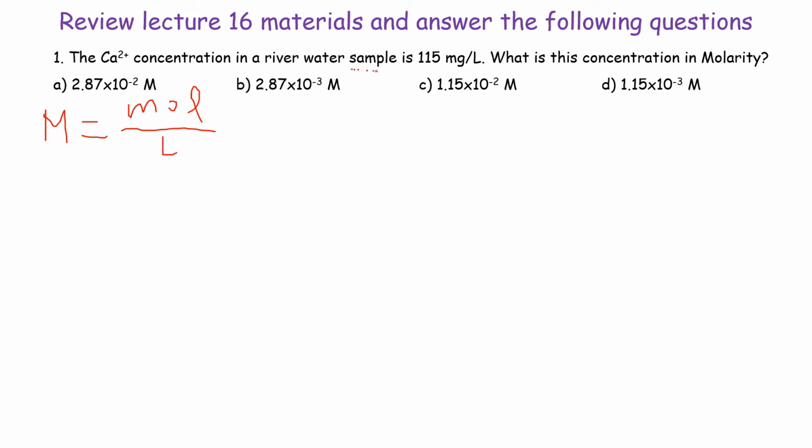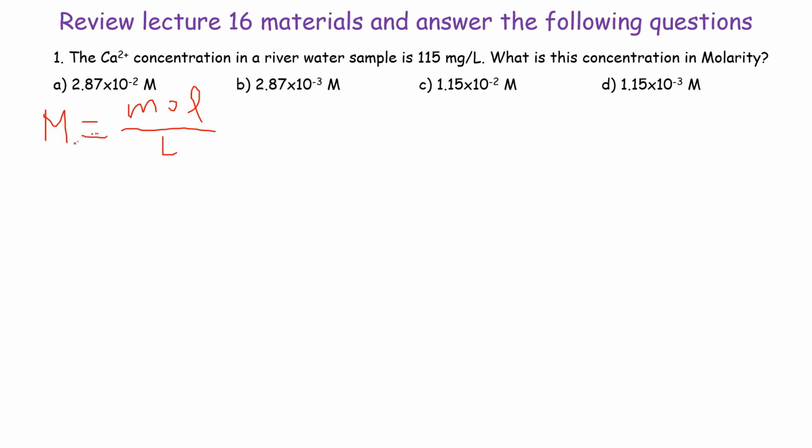So now what do we know? We do know the mass in 1 liter. So first we need to convert from milligrams to grams, and then from grams to moles, then we can apply this equation. Let's do it.